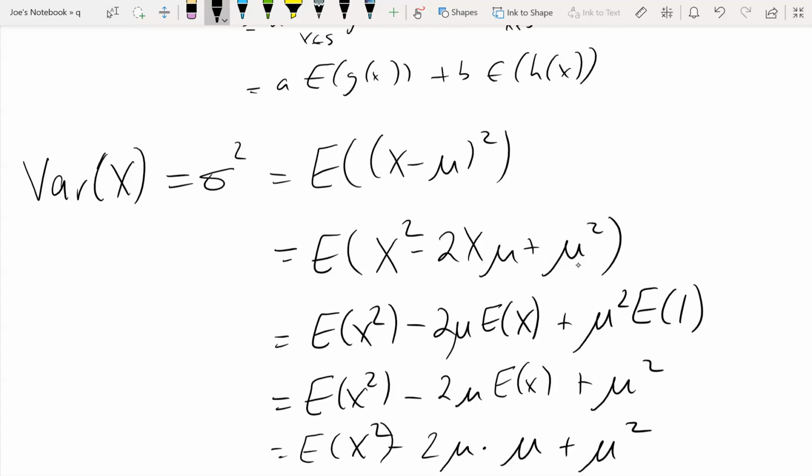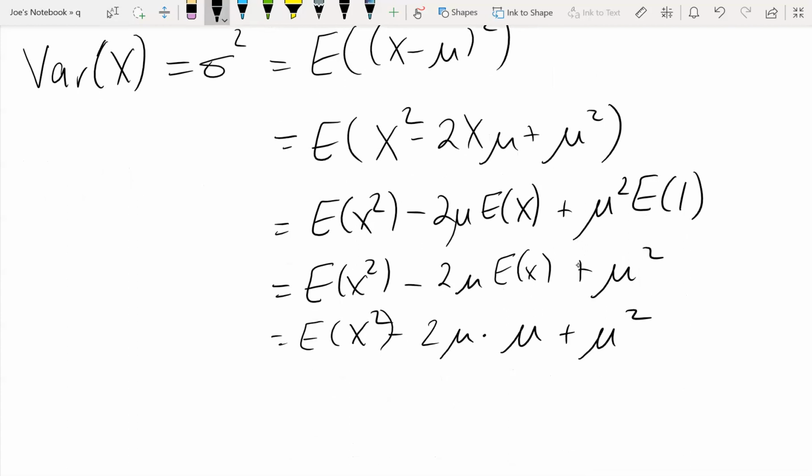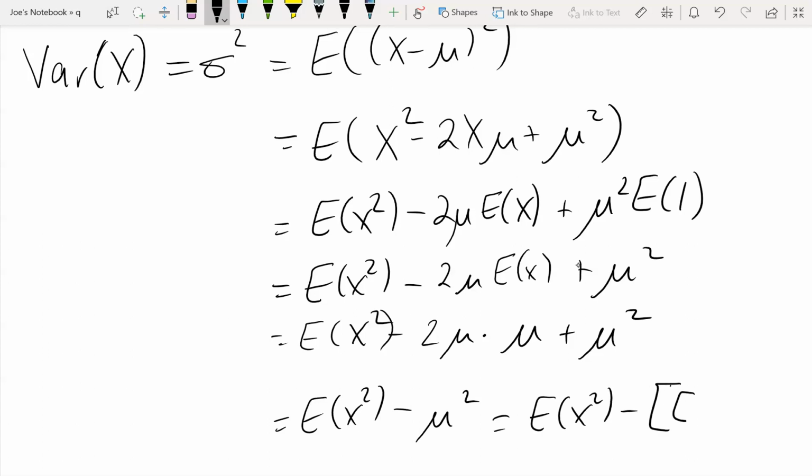So I've got 2 mu squared minus, and then plus another mu squared, right? So this is going to simplify to expected value of x squared minus mu squared, or written another way, it's expected value of x squared minus expected value of x quantity squared. So this is the typical way of calculating variance.